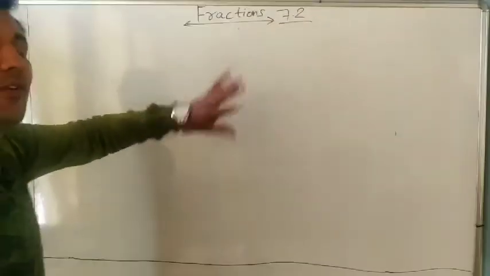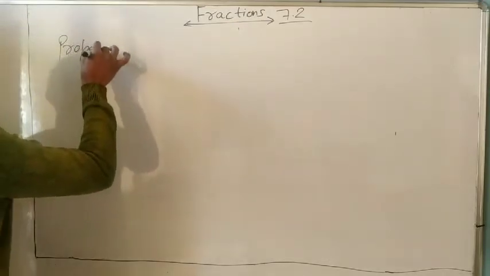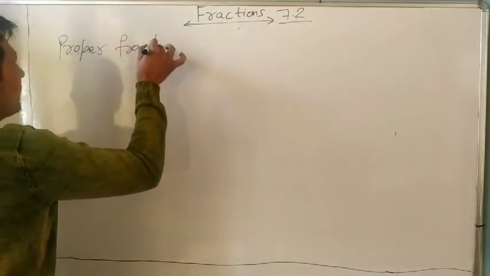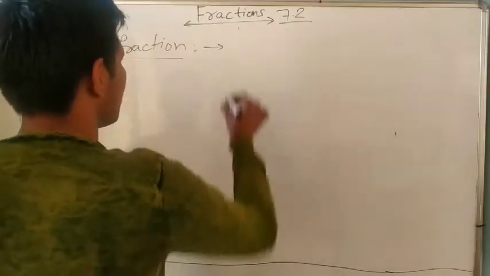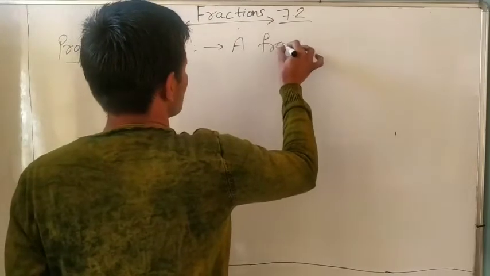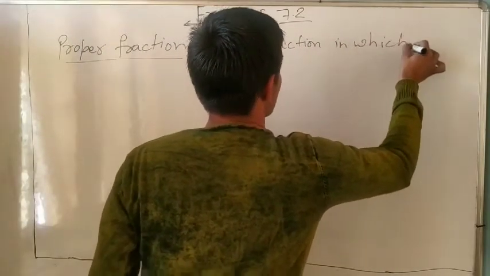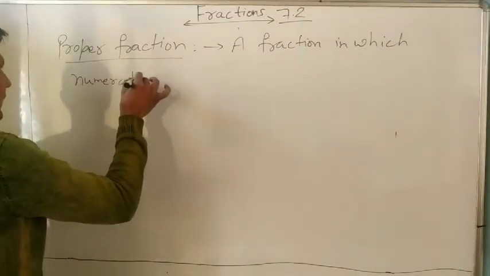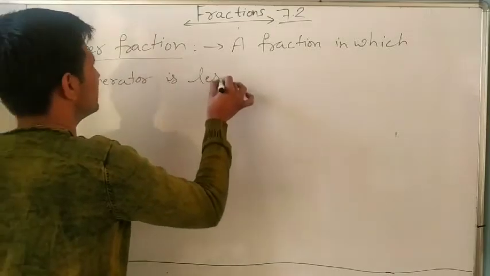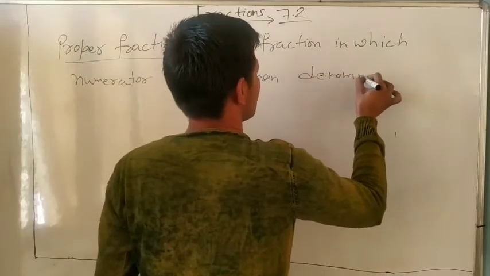Next is, now we will, fraction we already learned. Now we will learn what is proper fraction. Proper fraction. Right? We have very less time, so write proper fraction. A fraction in which numerator is less than denominator.